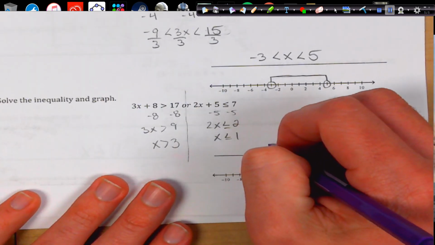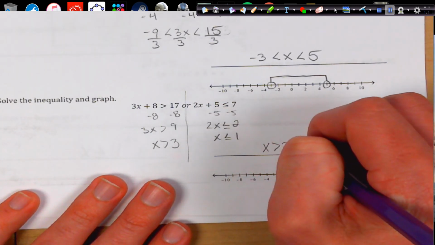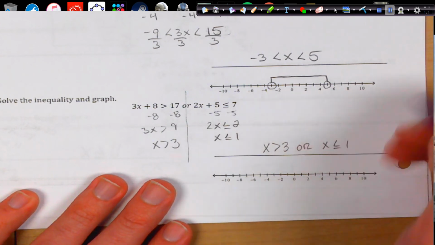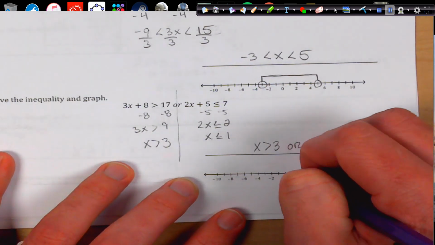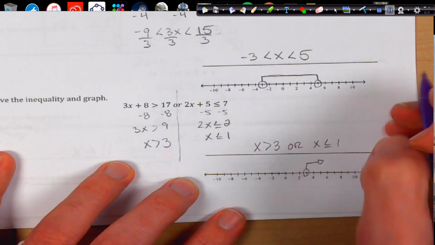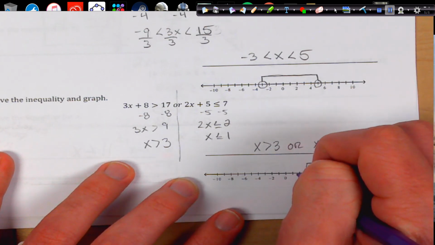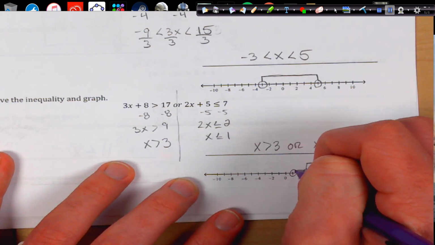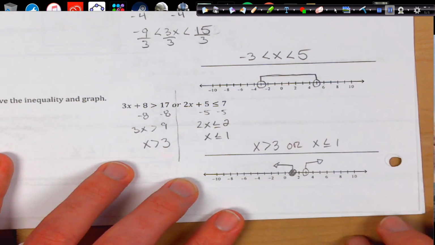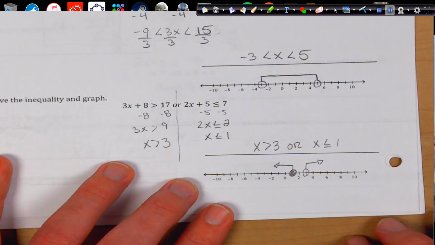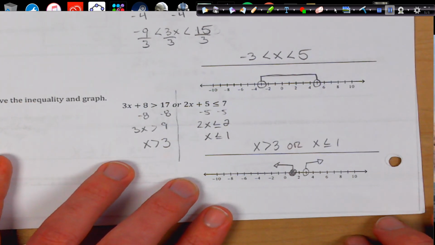So we have our two statements here. So x is greater than 3, so we're going to go to 3, open circle, and I'm going to go greater. And 1 is right here, closed circle, and it is less than. They always go away from each other, or one or the other. You can't have both, so that means they can't overlap. You can have your cake or cookie, not both.